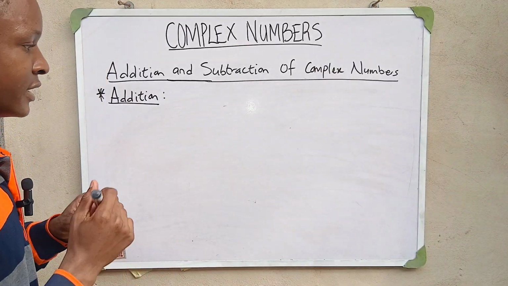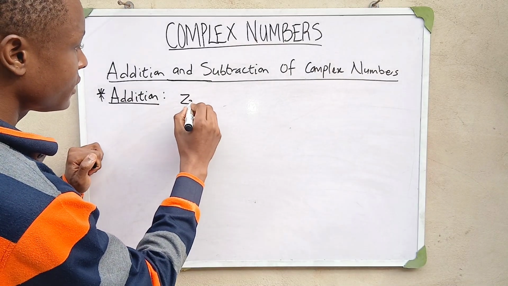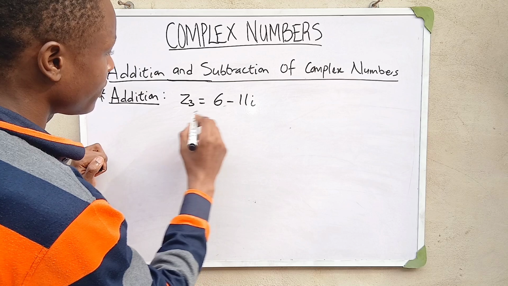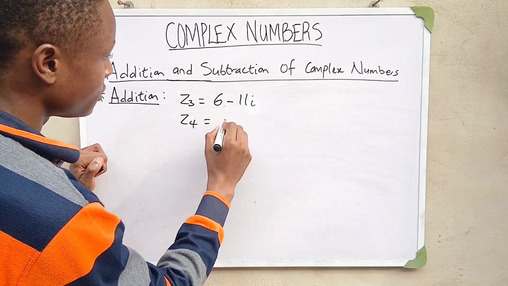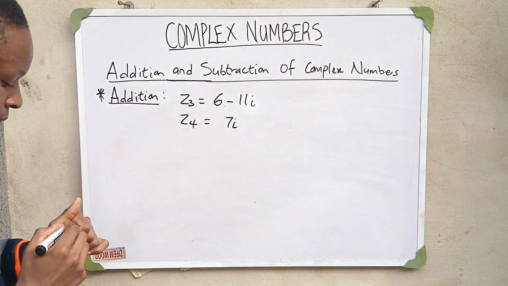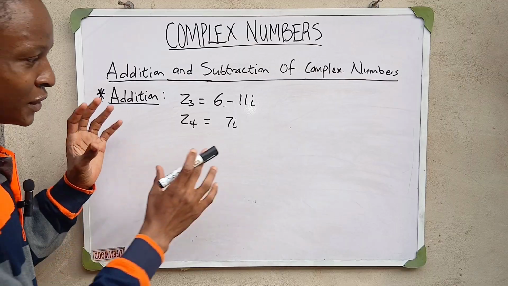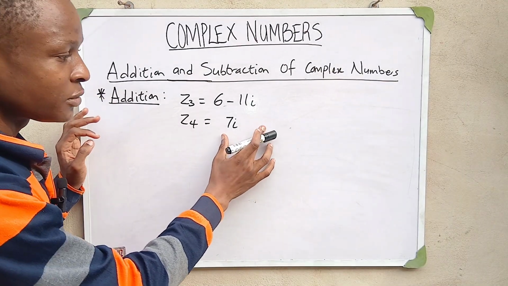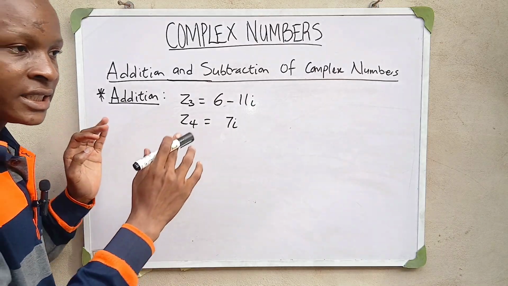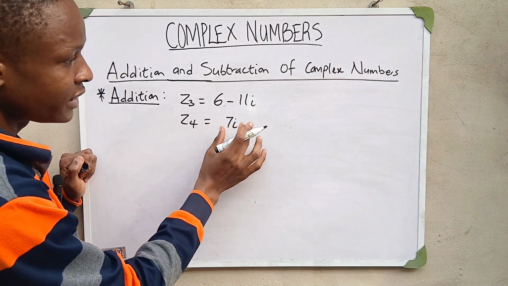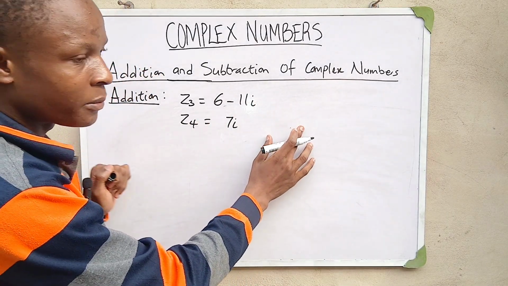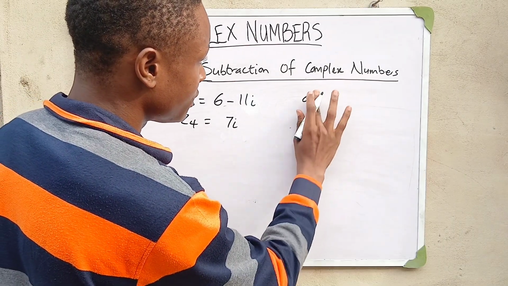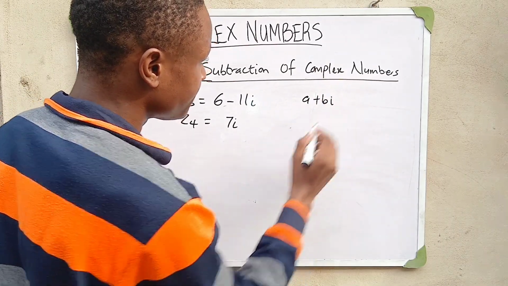Now let's take another example. Let's say we have z3 is equal to 6 minus 11i and z4 is equal to 7i. If you look at z4, you can see that the real part was not written, but we can still write this in the normal format for a complex number, which is a plus bi.